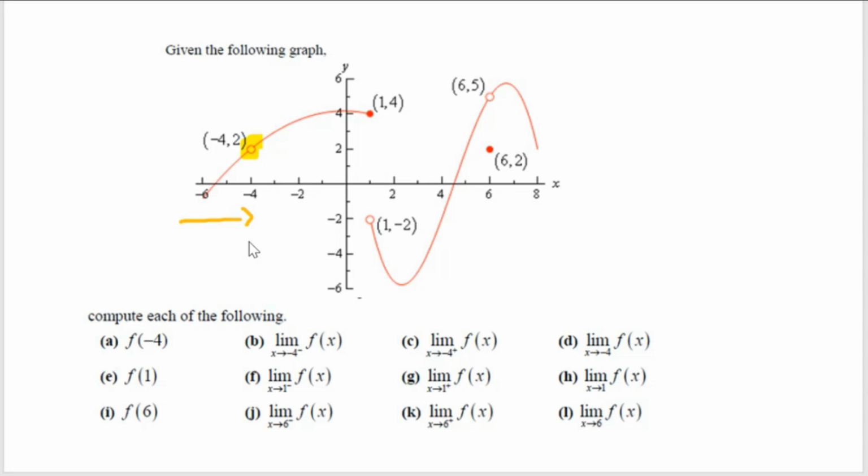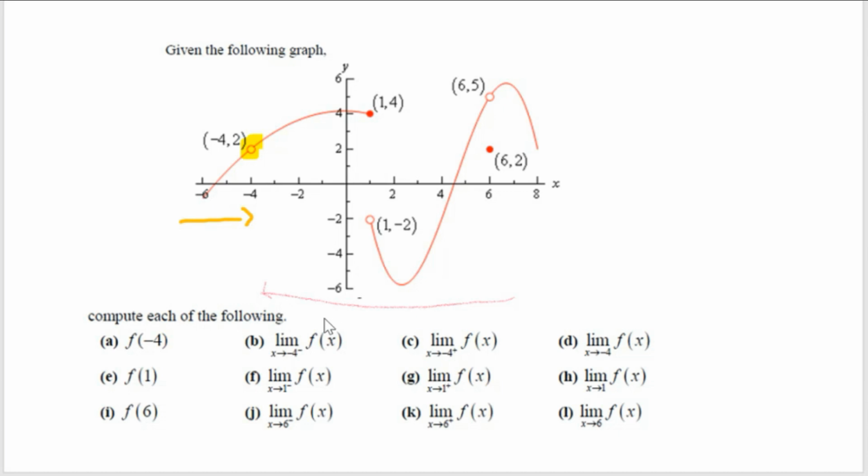Now for letter C, we have the limit of f of x as x approaches negative 4 from the right, meaning to say it is coming from here. Okay, so I would say that is coming from here, going toward negative 4.